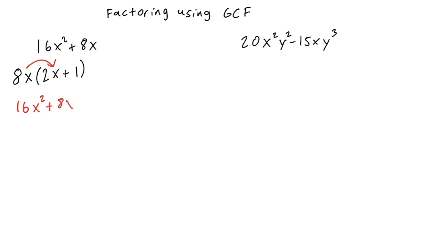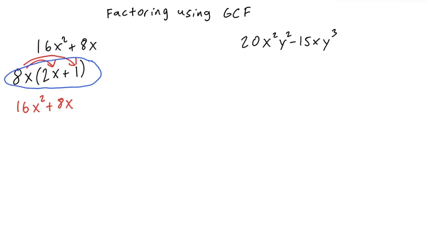Anything multiplied by 1 is itself. So when we distribute, bring 8x into everything, that brings us back to what we had. So a good way to figure out if you did this right is to multiply back in. If you can multiply back in and get the same number you started with, then you are correct. However, just a reminder, this is your answer. And the part in the red is just checking your work.